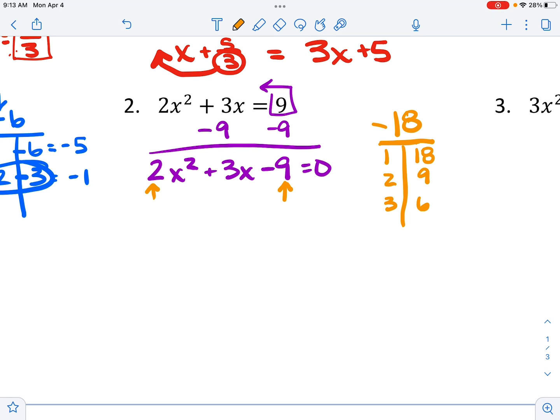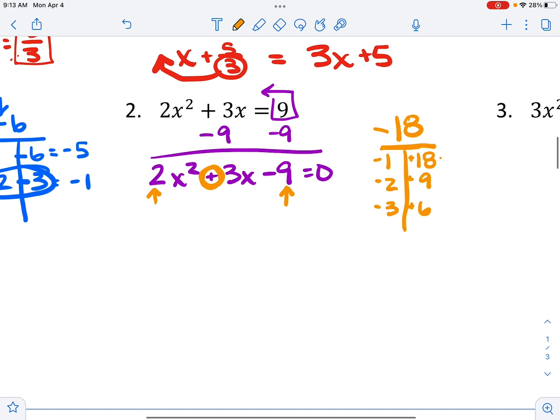Okay. Because 18 is negative, that means one's going to be negative, one's going to be positive. But because our b is positive, then the larger number is positive and the smaller number is negative. Then we add straight across, that is 17, 7, and 3.